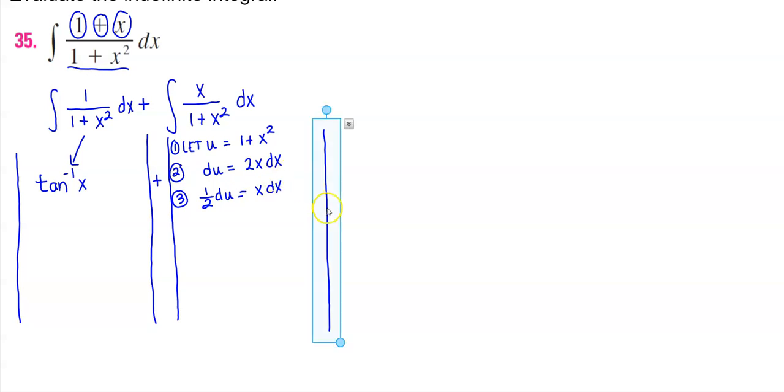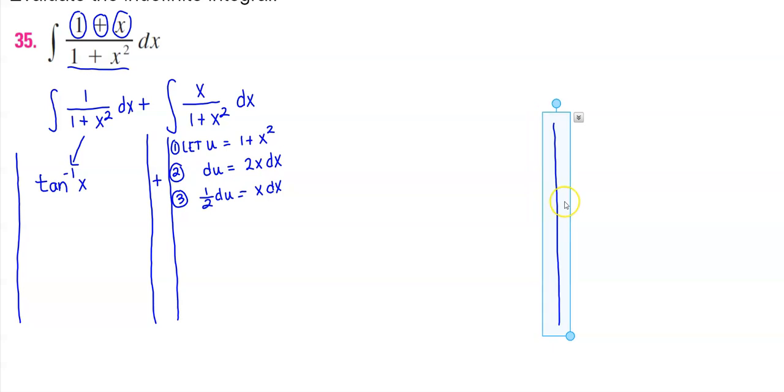Okay? And so now I'm going to write step number 4. Using this, we have 1 over 1 plus x squared times x dx, and then we're going to use that substitution.